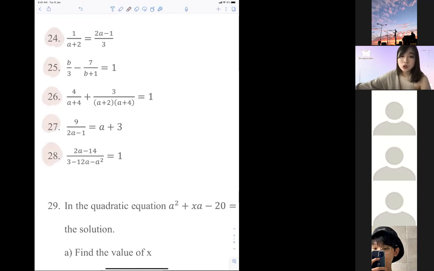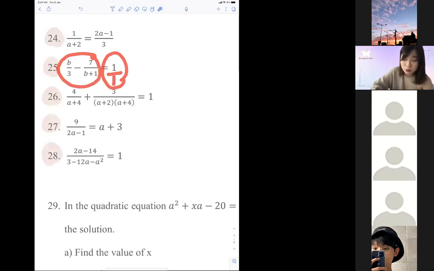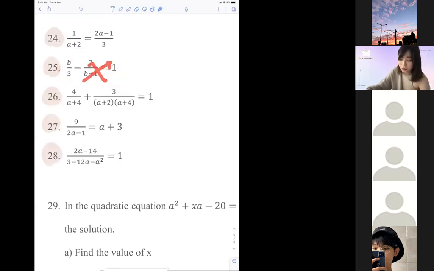Okay, so as you do, I can give you a clue for all of these questions. So you know that 24, we just cross multiply, right? 25, if you see 1 on the other side, you can treat it as 1 over 1, okay? And then it becomes a fraction already. On the left side, there's more than one fraction. You make the denominator the same and combine them into one fraction, then you can cross multiply.